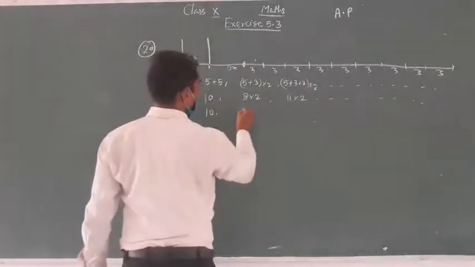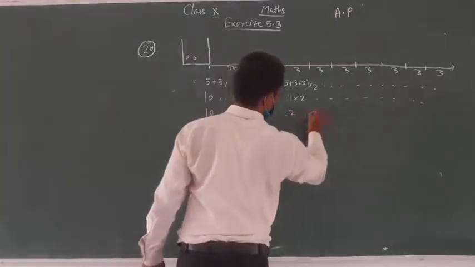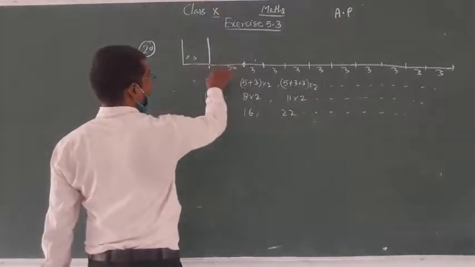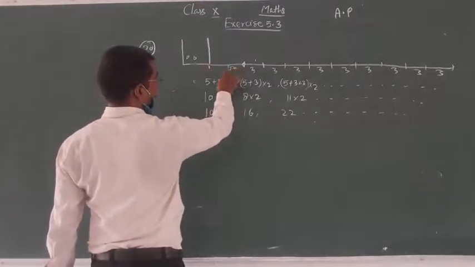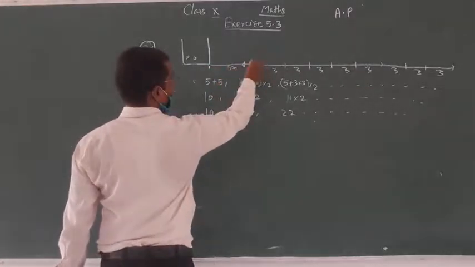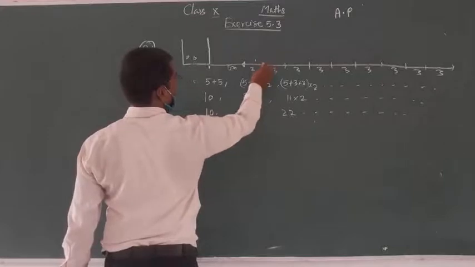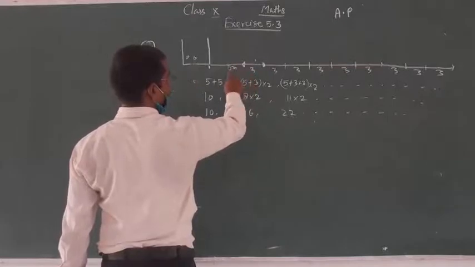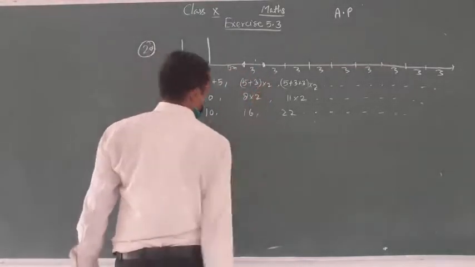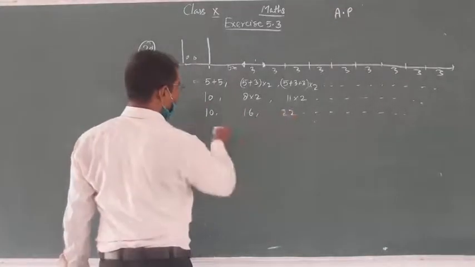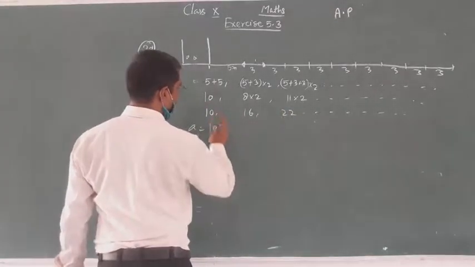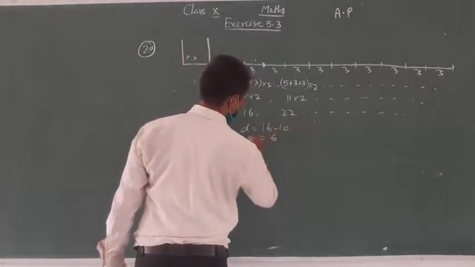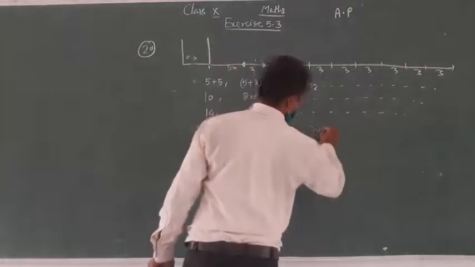Here, 5 go and come, 5 plus 5 is 10, and 5 plus 3 for the second place is 8, and returning back 8 plus 8 is 16. So the first term of the AP is a equal to 10 and d is equal to second term minus first term, which is 6. So n is equal to 10.